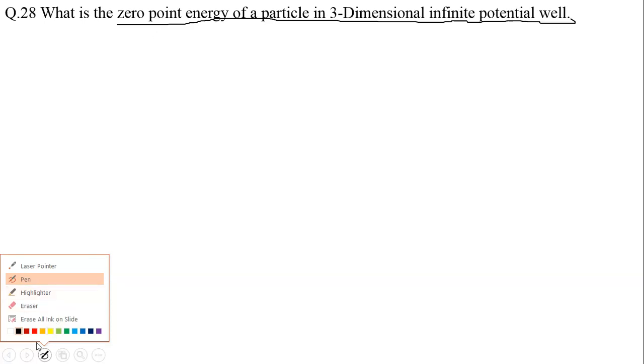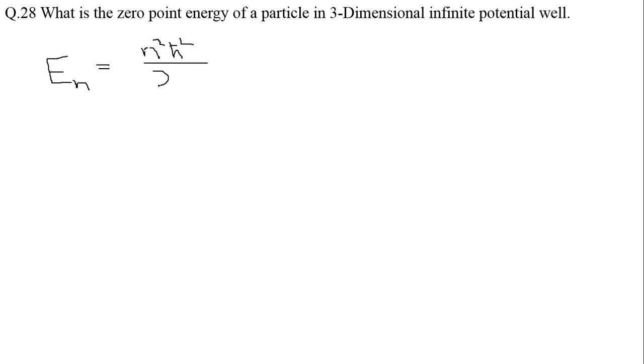So if you remember, for the one-dimensional potential, the expression for energy for a one-dimensional infinite potential box is En equals n square h cross square by 2m a square, where a is the length of the box.